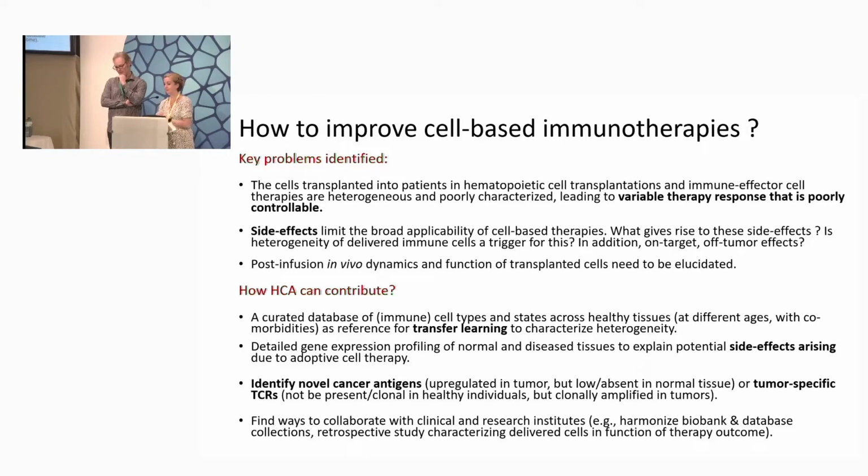And we said one key problem here is that the cells that we give are a very heterogeneous mixture of cells that are typically in the clinical setting widely used but totally poorly characterized. And this will influence variable therapy responses that we also see in the clinic. Those responses are also poorly controllable. Like, we give the whole shish kebab of cells, and then we wait and see what happens.